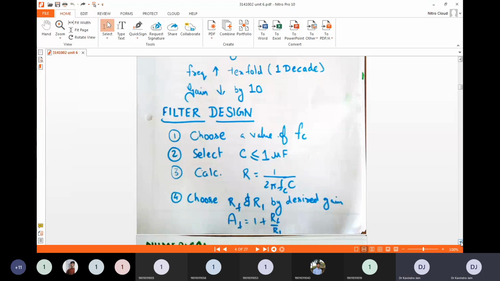So based on this, let us start certain numericals about designing a low pass first order Butterworth filter. Can I start? Yes, sir. Okay.